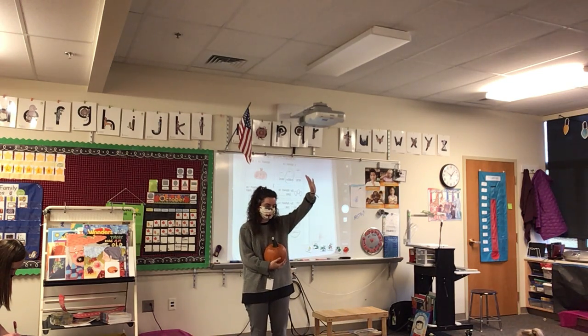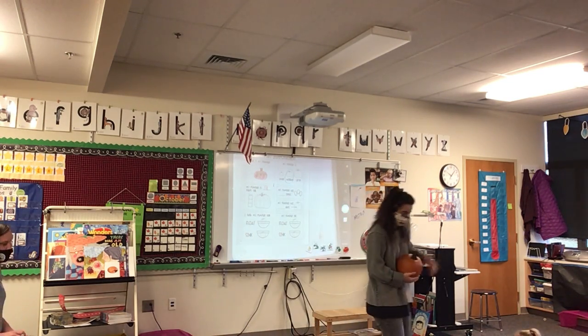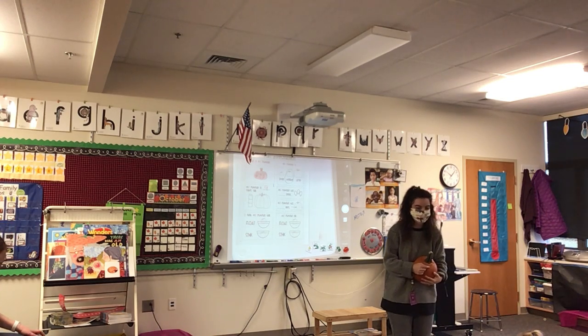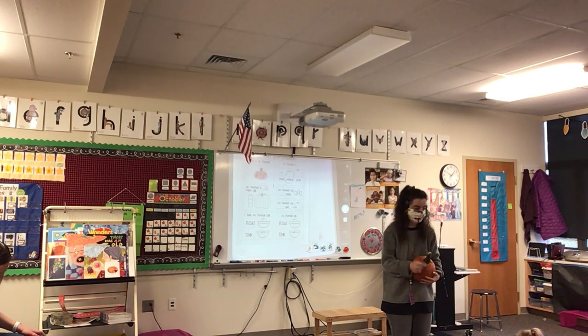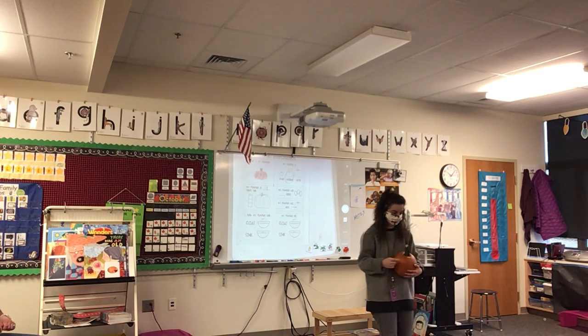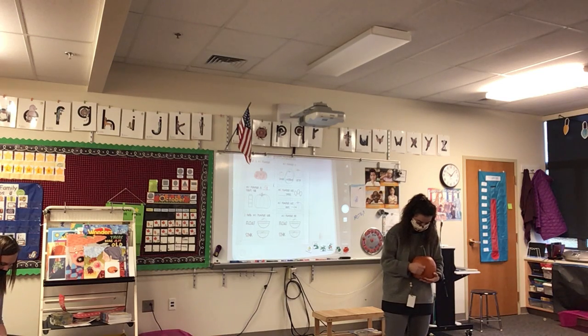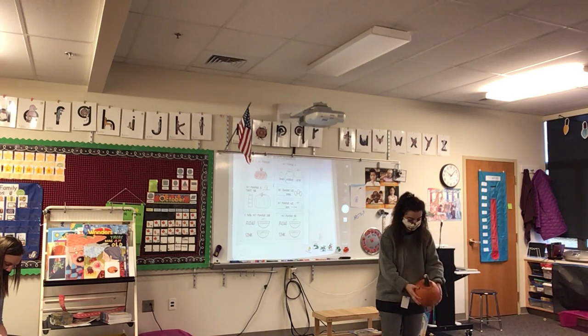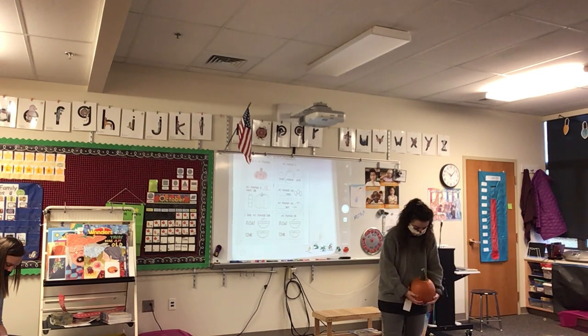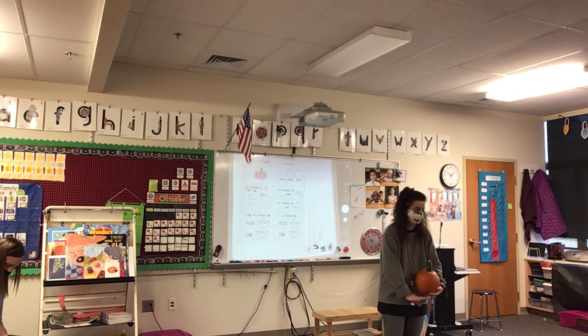So guys, give me 5 real quick. We're gonna start at my black line, and I need your help to count the lines on my pumpkin. You ready? They're kind of hard to see sometimes, but if you hold it down like this, it helps you count them. So we're just counting mine real quick. You guys don't need your pumpkin yet.